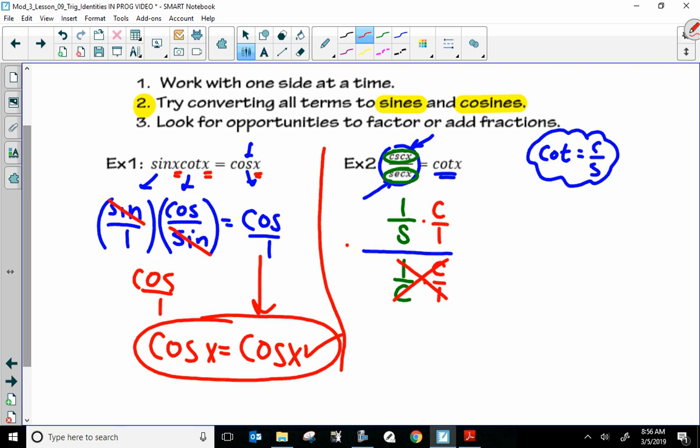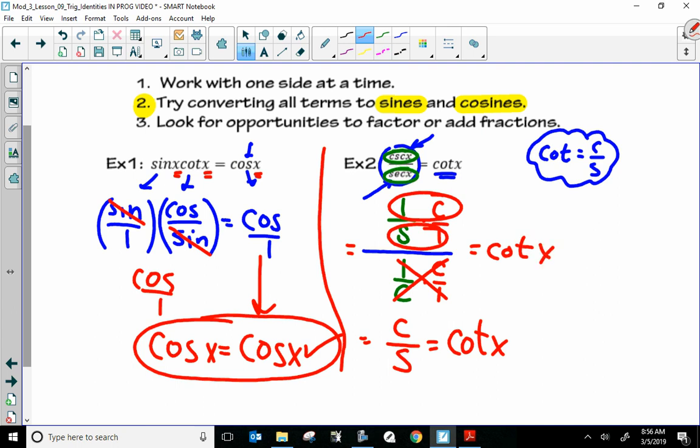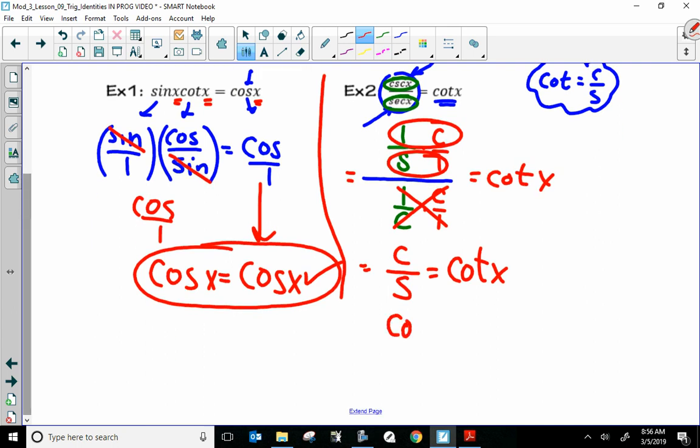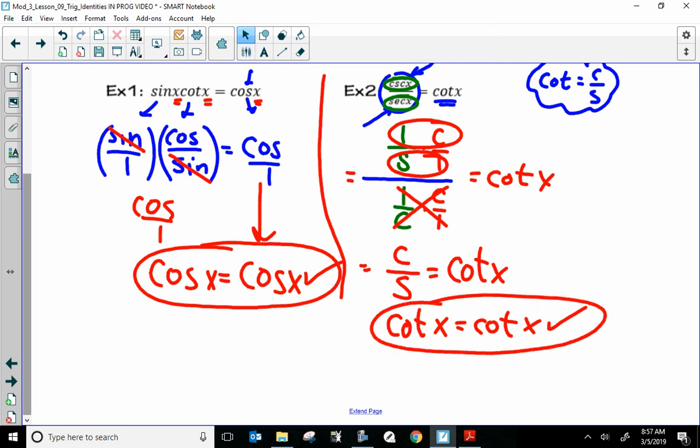So 1 times cosine is cosine, over 1 times sine is sine. Cosine over sine is cotangent of x. So now I can say cotangent of x equals cotangent of x. I want them to be identical, and cotangent equals cotangent. It's good.